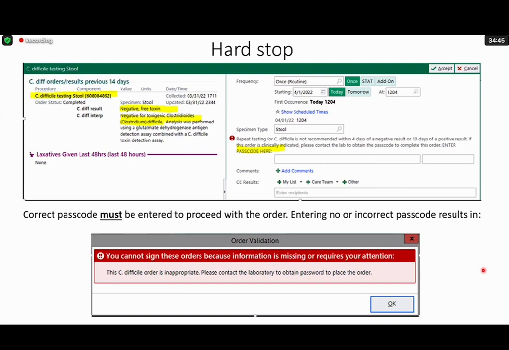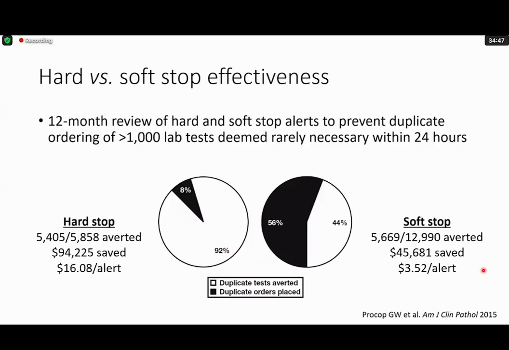And that has been seen at many institutions. This is not the same thing. This is still an overall duplicate test check that was at Cleveland Clinic, but it showed pretty clearly that hard stops are much more successful than soft stops when built appropriately.